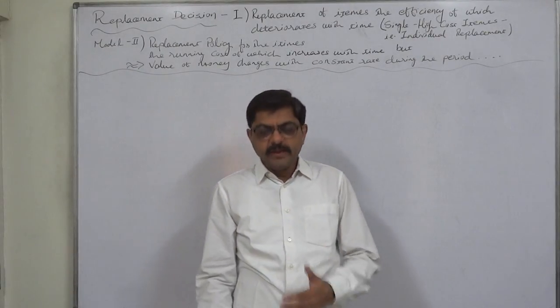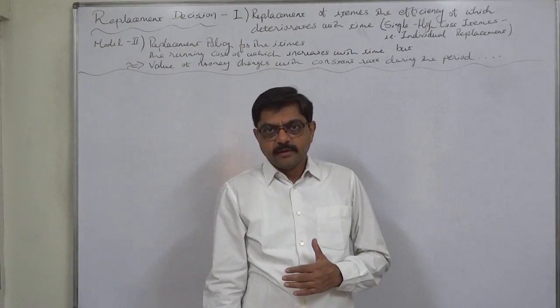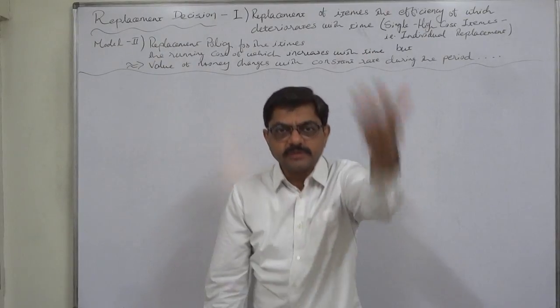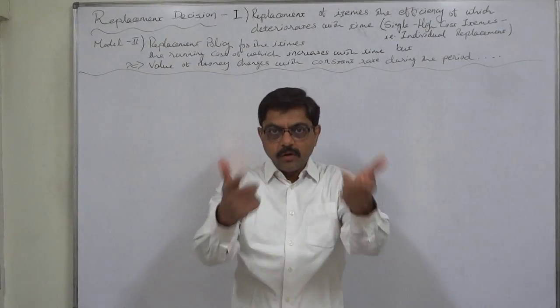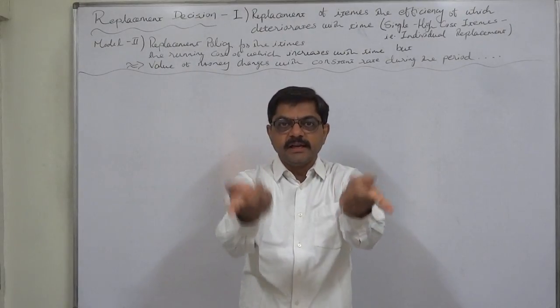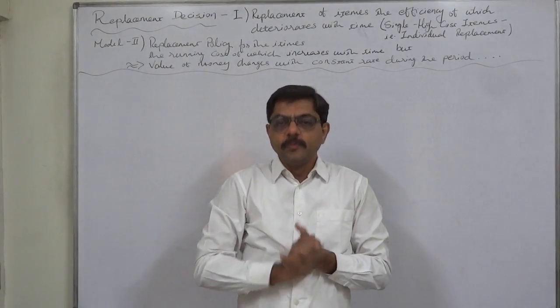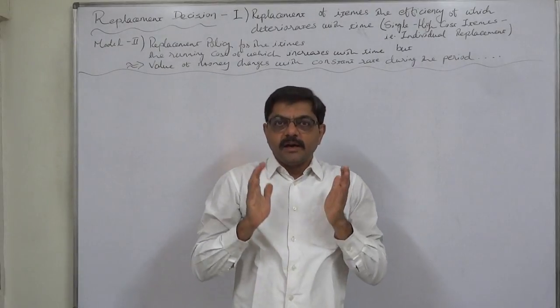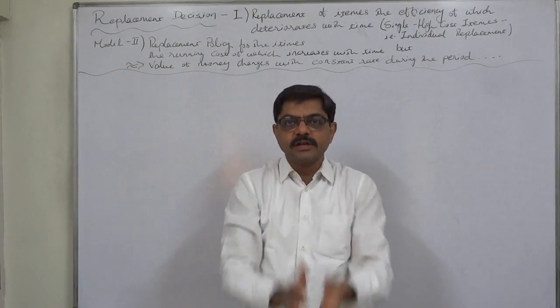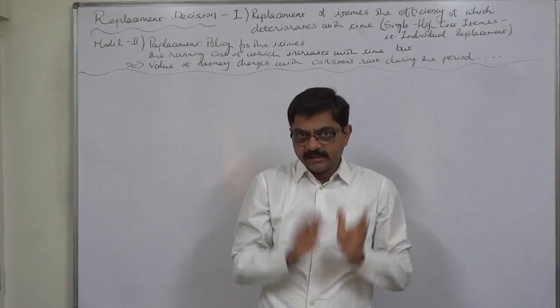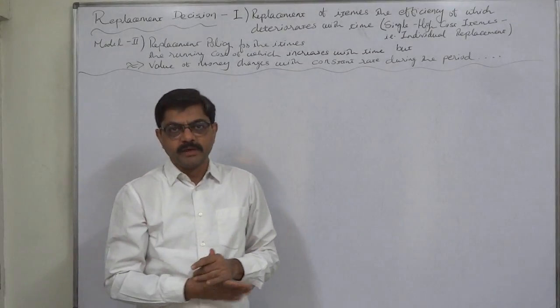We know that rupee 1 earns something and becomes greater in future, or rupee 1 in future is something less than rupee 1 today. The earnings are added and in future it will become greater. This is the concept of time value of money.